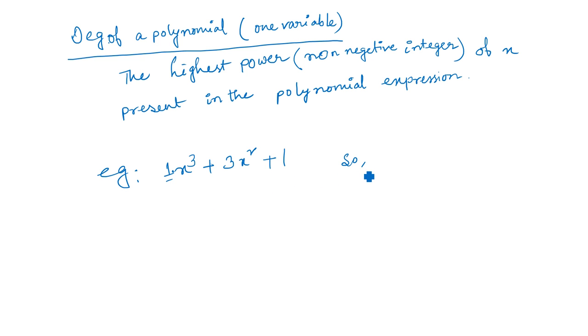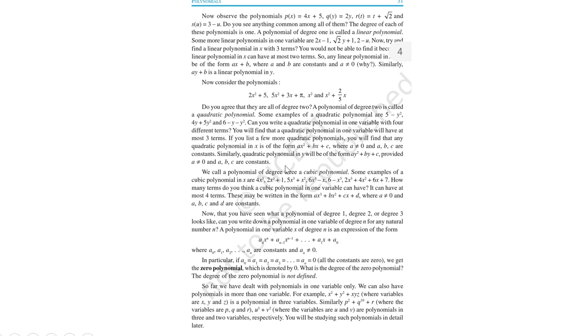So the degree of the polynomial x cube plus 3x squared plus 1 is 3. Is it clear? Okay.